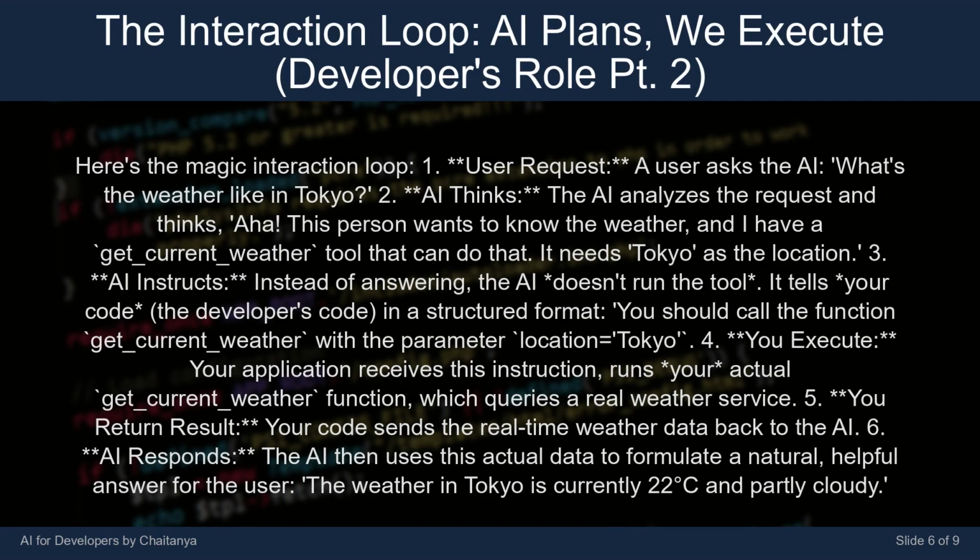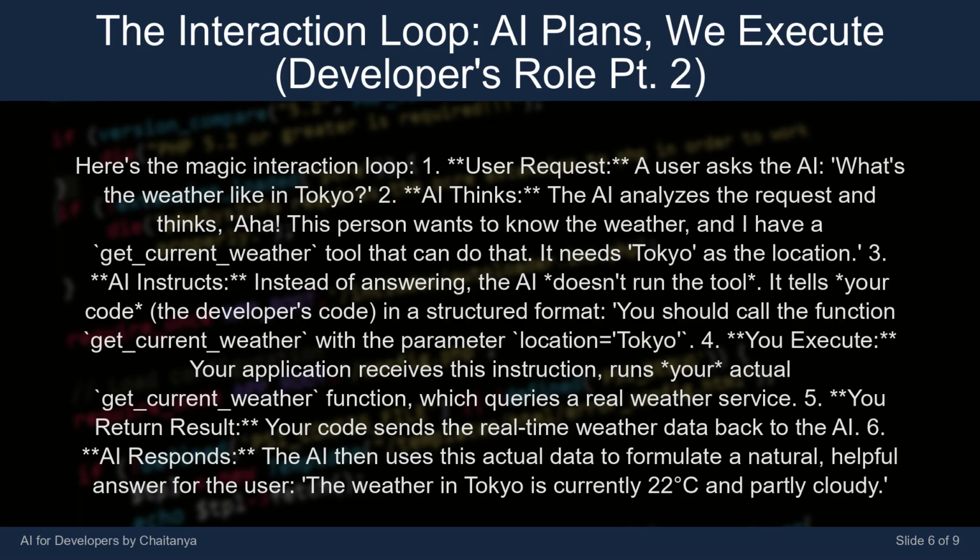Here's the magic interaction loop. 1. User request. A user asks the AI, what's the weather like in Tokyo? 2. AI thinks. The AI analyzes the request and thinks, aha, this person wants to know the weather, and I have a get_current_weather tool that can do that.